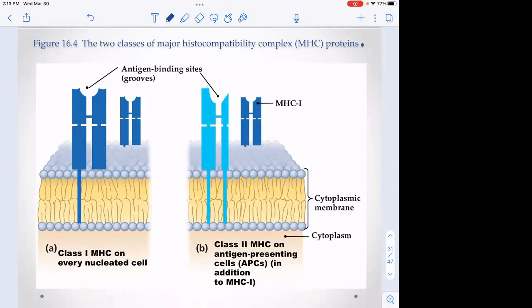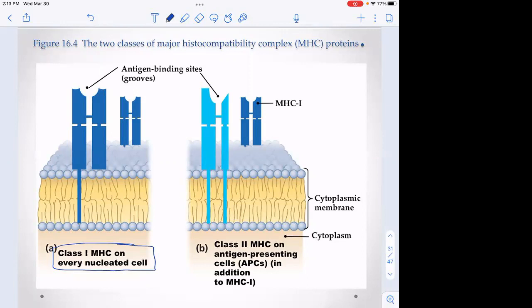And all of our cells in our body that have a nucleus have MHC class 1. Okay, so there's two major kinds of these MHC glycoproteins. Every cell that has a nucleus will present antigen with MHC class 1.